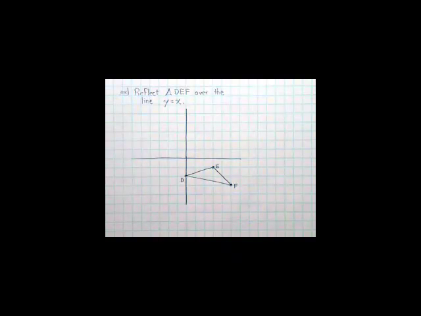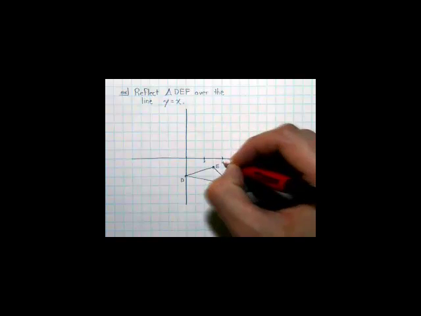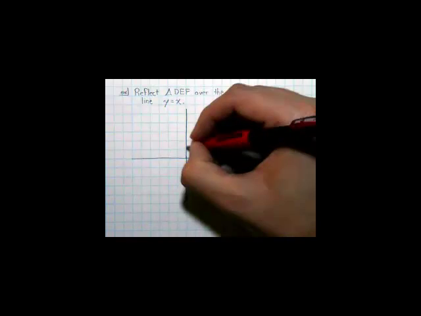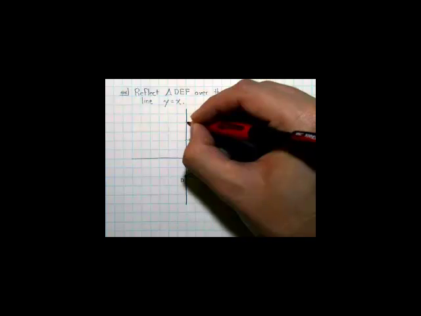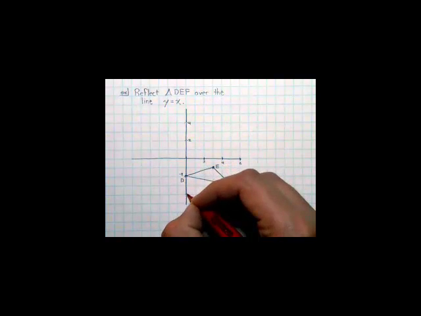Okay, and we're going to reflect this over the line y equals x. Actually, I've got to put some scale on here first. But can anybody remember what the line y equals x looks like?